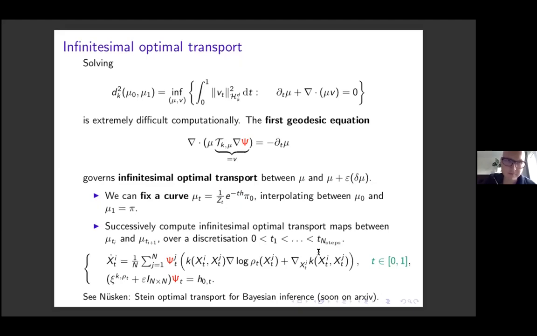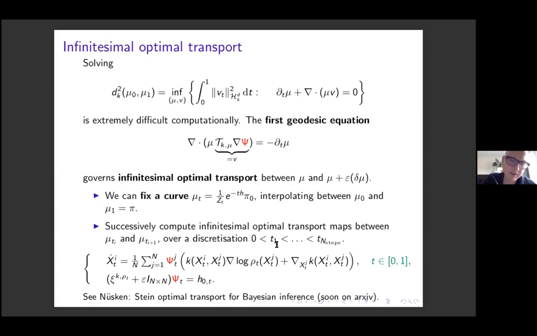And then, again, intuitively speaking, we can think of performing these infinitesimal optimal transport maps on a discretization of this interval. This is only for intuition, and it can in fact be made a little bit more precise.